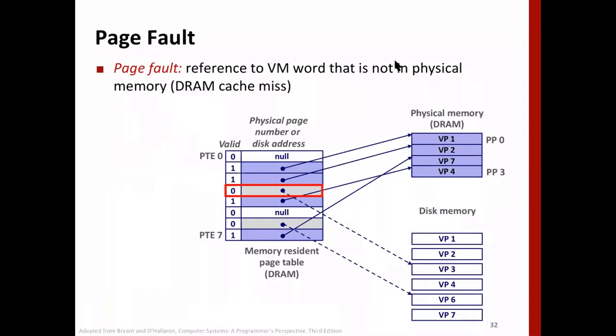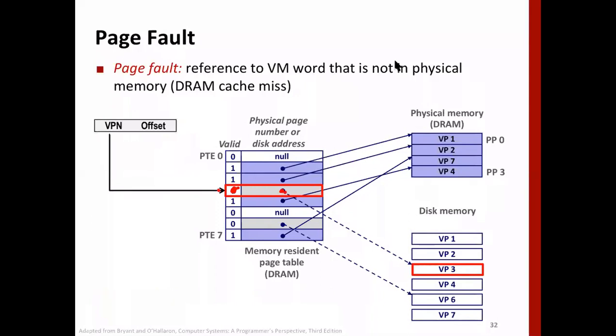If there is a page fault, it means the page is not there in main memory. We have the VPN. Take the VPN, go to the page table, and look at the entry here. It means that the valid bit is 0, so it's not there in main memory, and this address is non-null.